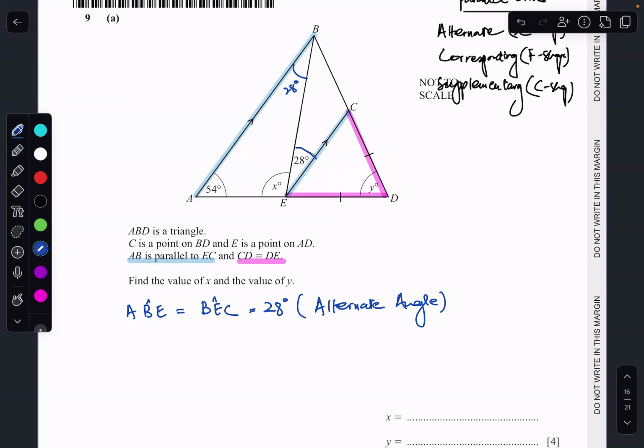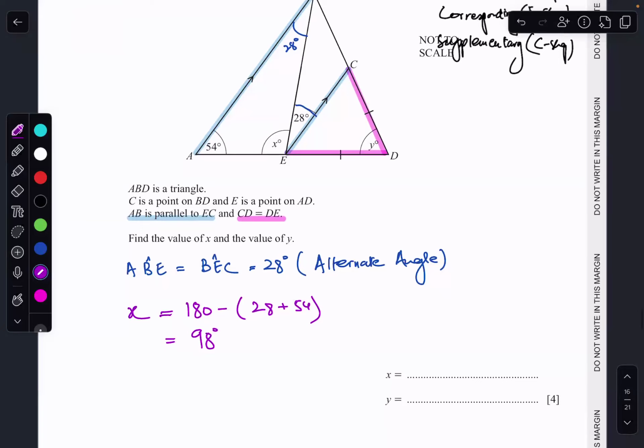Then I can find the value of X, because the sum of interior angles of a triangle is 180. So X is equal to 180 minus (28 plus 54). This should be 98. X is 98.